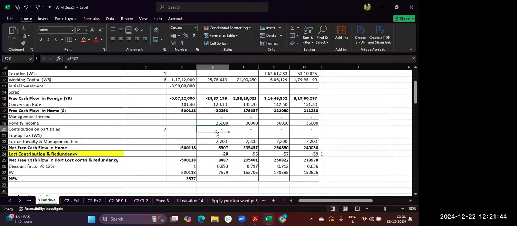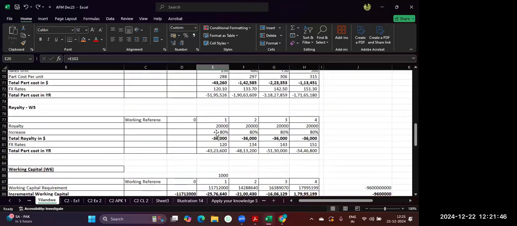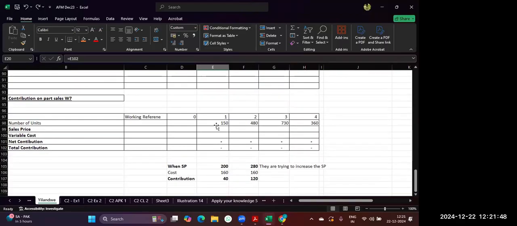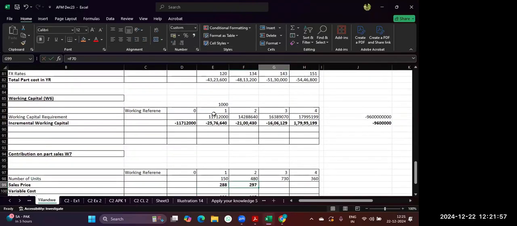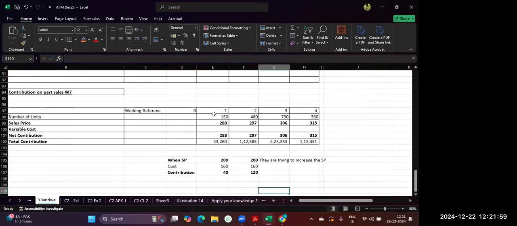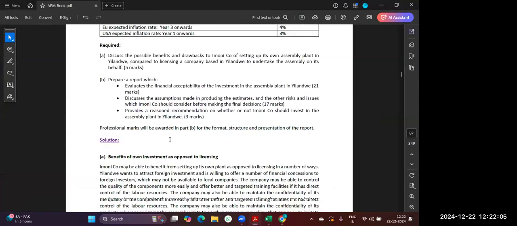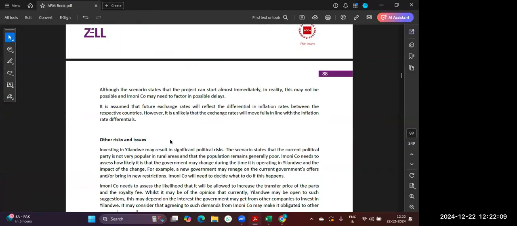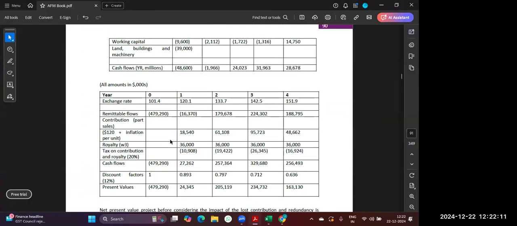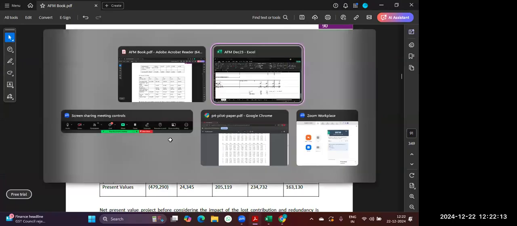Now understand this. How much did you sell this for parts? 280, along with inflation, this price. What is the cost of making this? 160.